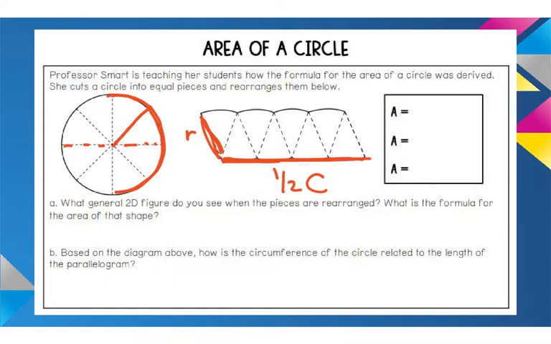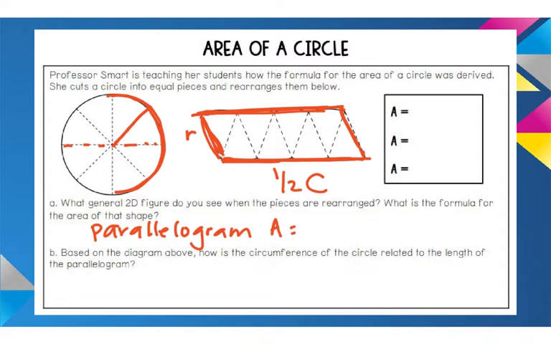Okay. Now, if we look at the general two-dimensional figure, if we looked at this figure here and kind of rounded it or softened up the edges and made a shape out of it, it resembles a parallelogram, right? And whenever we try to find the area of a parallelogram, we know that the area is equal to the base times the height.